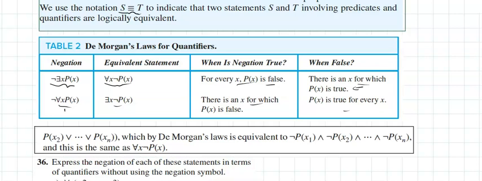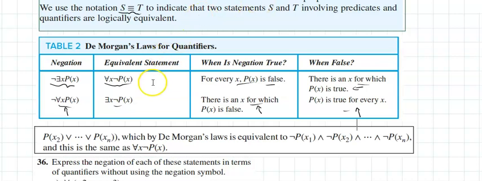Now, when you say the negation of for all, that means there is an x for which p of x is false. That is when the negation is true. And when it's false, p of x is true for every x.